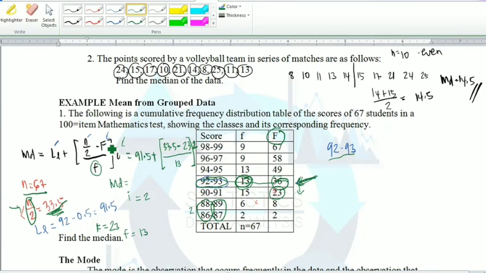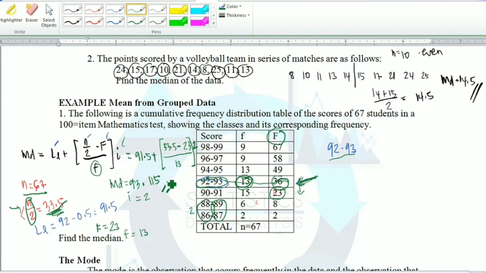So, the median is 93, okay, I'm sorry, wait lang. 93.115. Okay, I will check it again, ha? 33.5 minus 23 over 13 times 2 plus 91.5. So, 93.115. So, ayan na, class. That's the answer for our median for the grouped data.